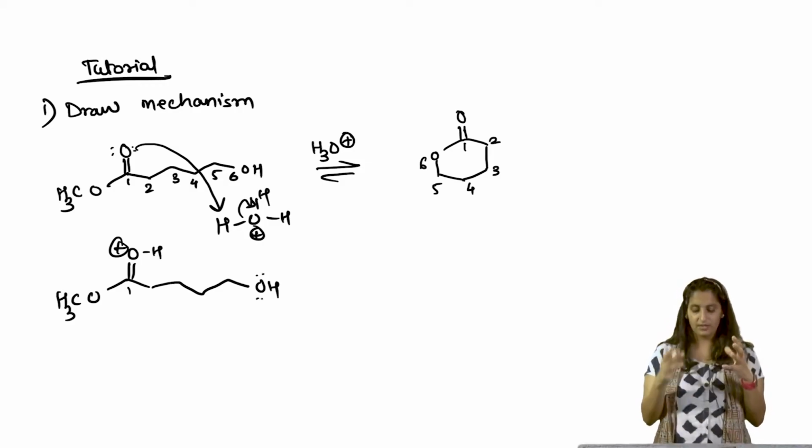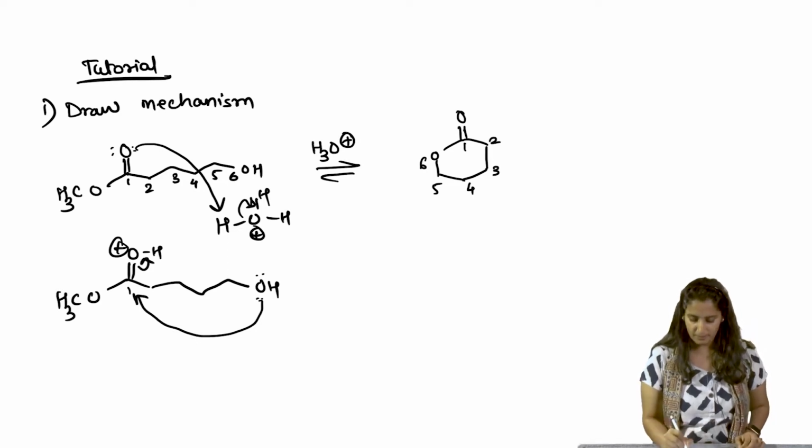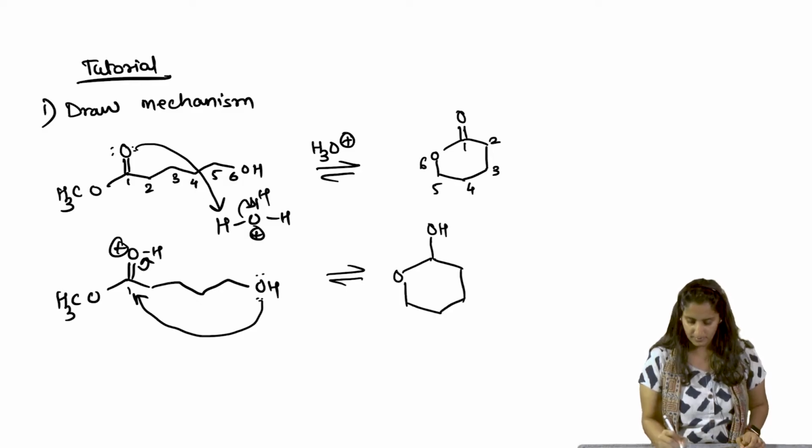So, when we have an electrophilic center like that, the oxygen is going to come, attack here and open it up. Okay. What do we form here? Okay, we have this OH plus, and on this carbon we have the OCH3 which still has not left.